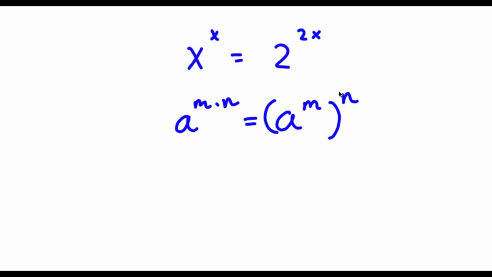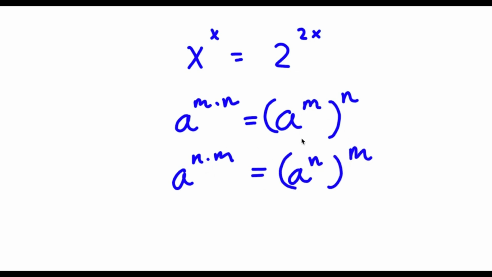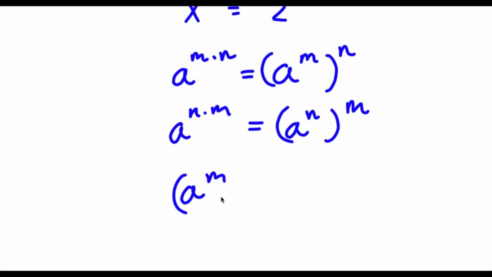And we know that a to the power of m times n is the same thing as a to the power of n times m, right? These two are the same thing because m and n are interchangeable. So if a to the power of m times n is equal to a to the power of m to the power of n, this means that a to the power of n times m is going to equal a to the power of n to the power of m. And this also means that a to the power of m to the power of n is equal to a to the power of n to the power of m.